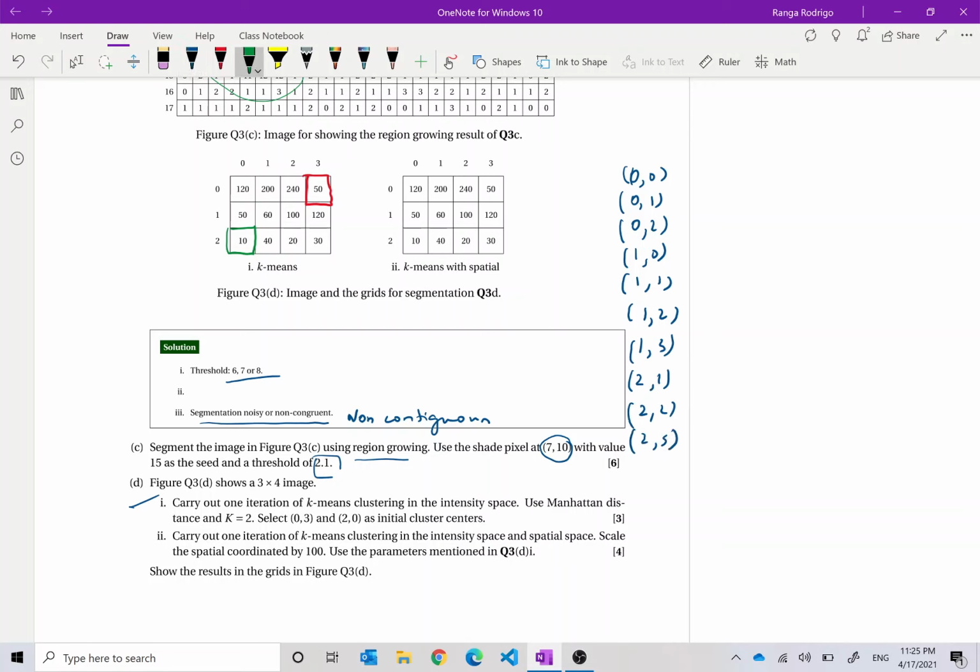So I want to see whether they are in the green cluster or the red cluster.